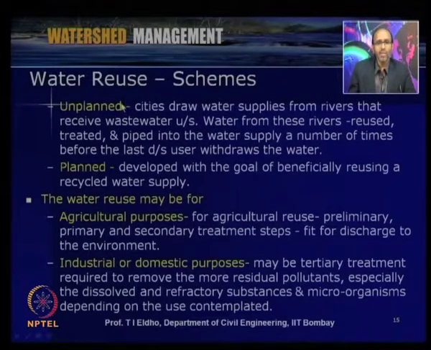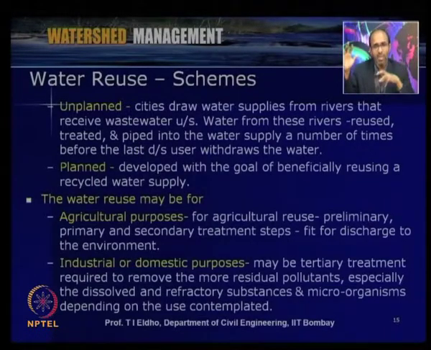Unplanned reuse schemes, as I mentioned earlier, are where cities draw water supplies from rivers that receive wastewater upstream, and then water from these rivers is reused, treated and piped into the water supply a number of times before the last downstream user, say the last city, withdraws the water.